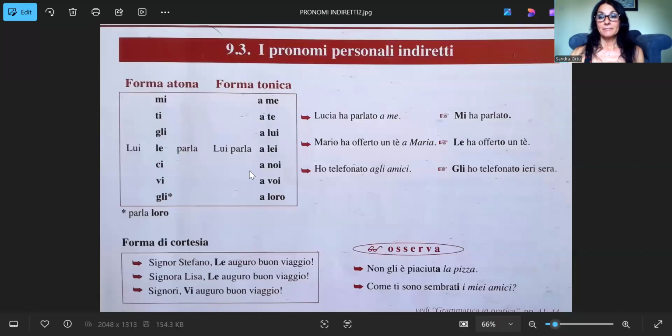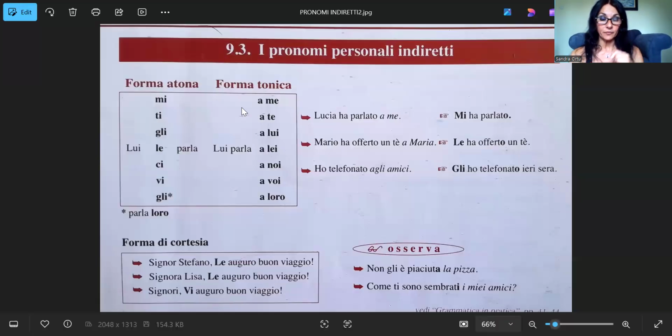And then we've got the other form. We can see it, if we want, as an abbreviation of the strong form, at least visually, but not necessarily just visually, practically as well. So the weak form, as I said, flows better in the sentence, so it almost disappears if we don't put any emphasis on the pronouns.